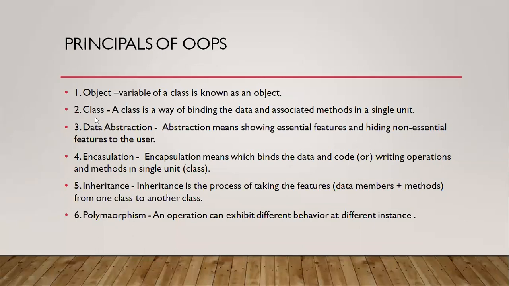What is the second principle of OOPS? What is a class? A class is a way of binding the data and associated methods in a single unit. Whenever we declare some variables and some methods, they are stored under a particular name, which is called a class.